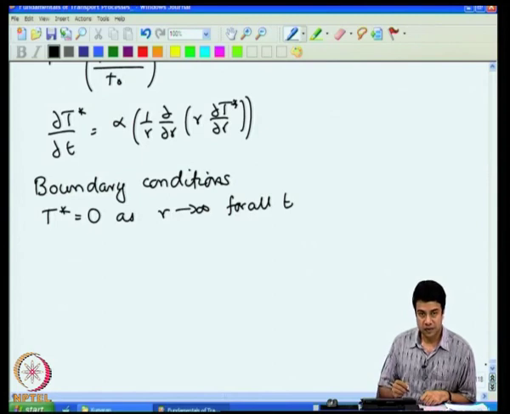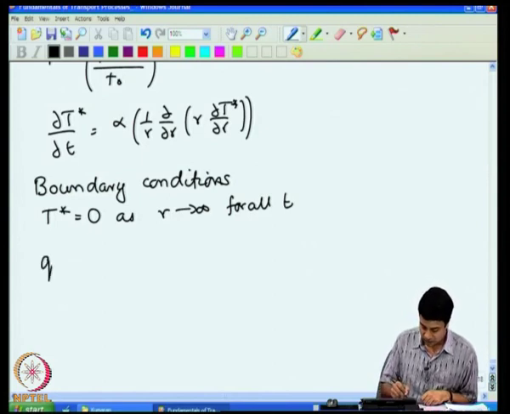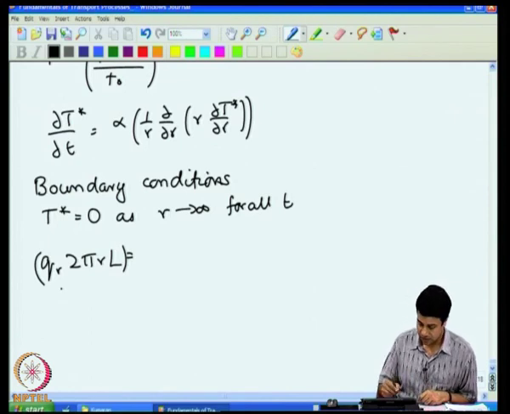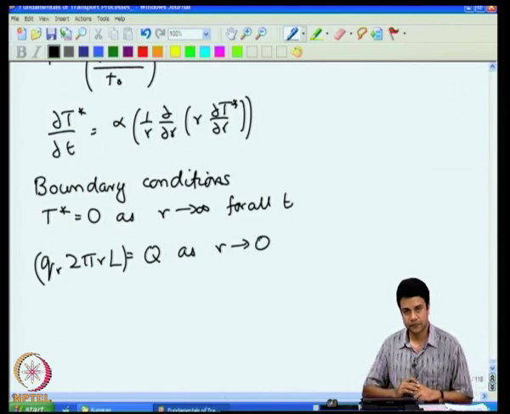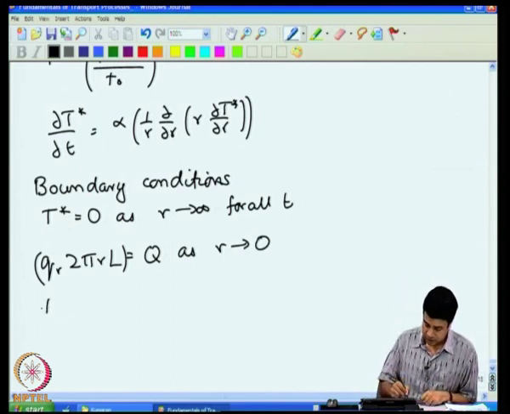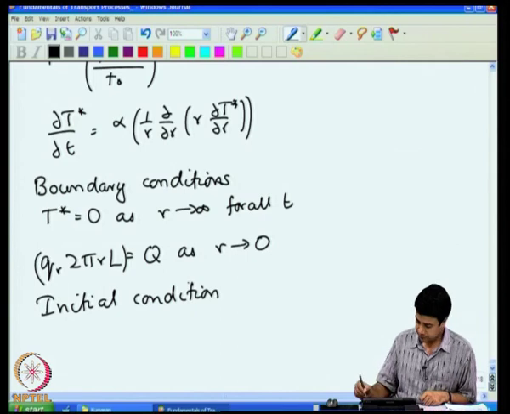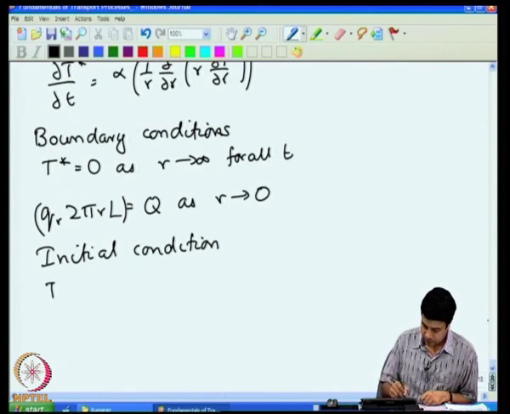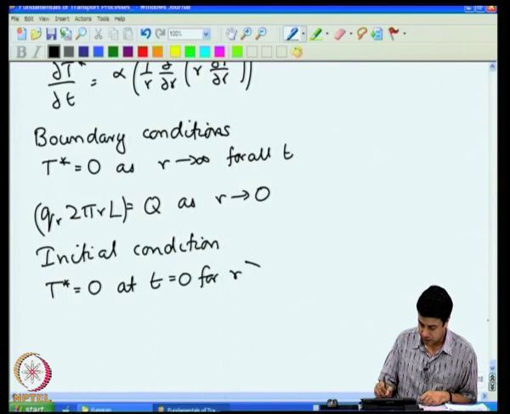The other boundary condition was that q_r times 2 pi r L, the heat flux times the area, has to be equal to q as r goes to 0. Okay. And the initial condition, T star is equal to 0 at t is equal to 0 for r greater than 0.